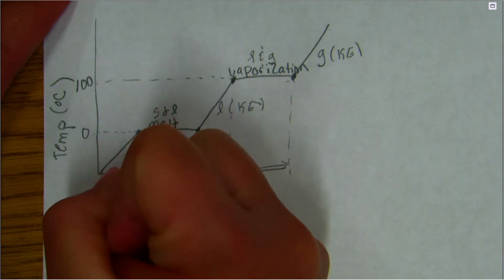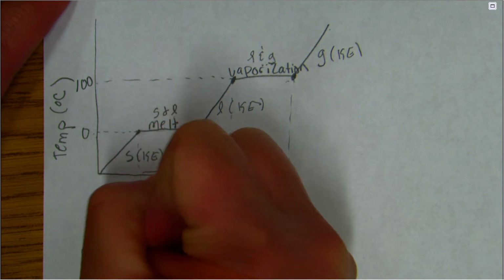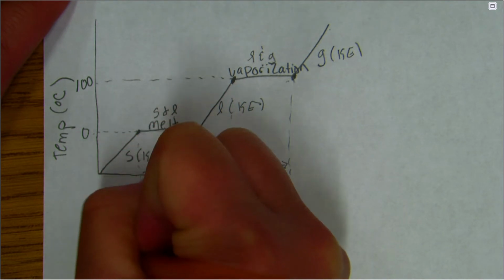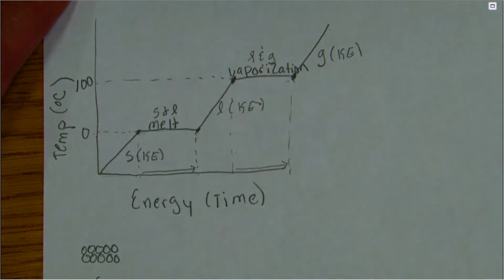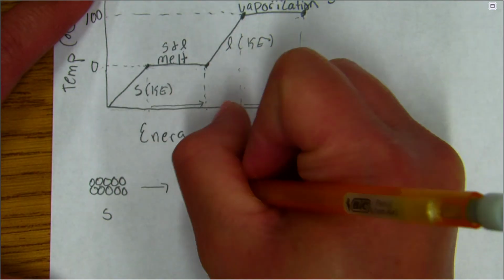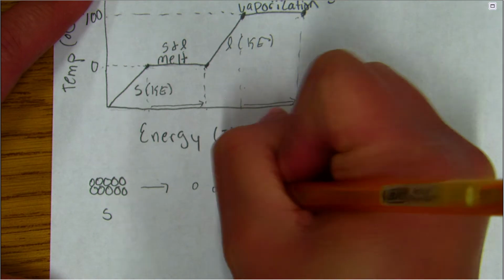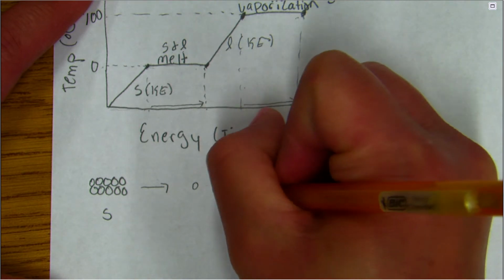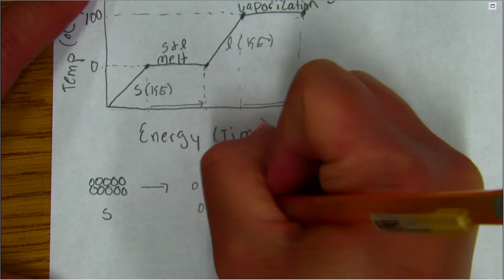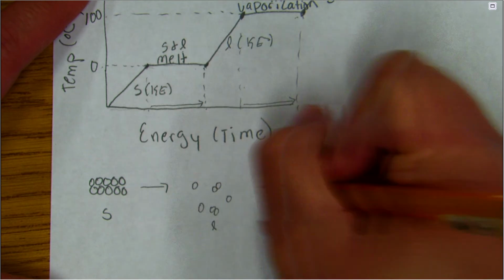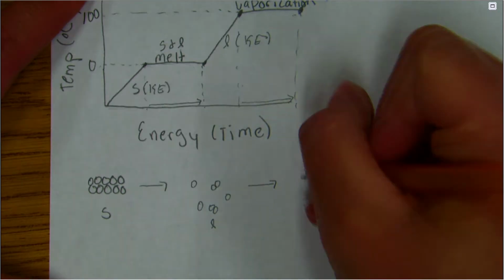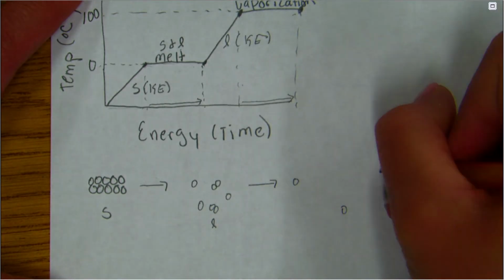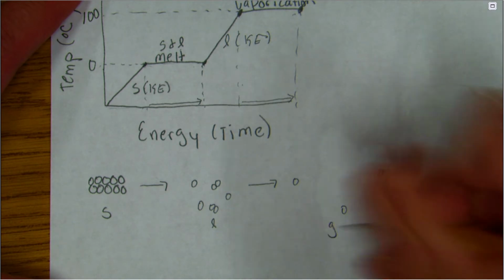Let's think back. You'll remember solids are particles really close together, and liquids are particles that are somewhat further apart, but not quite all the way apart. And in a gas, particles are very far apart. Okay, so where is this energy going?